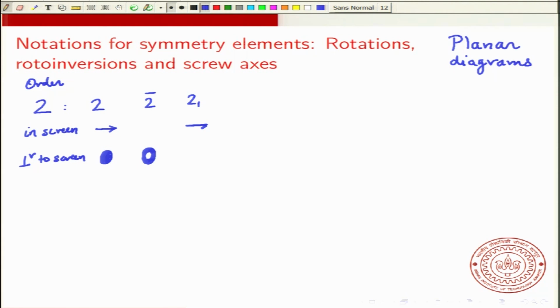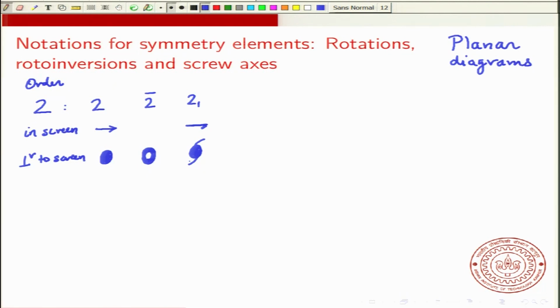So it's half an arrow, a line with half an arrow. The line indicates that the rotation is in the screen, so it's along this line, and the harpoon indicates that it's a screw rotation. If it is perpendicular to the screen, then you show a regular two-fold axis, but you show it with this.